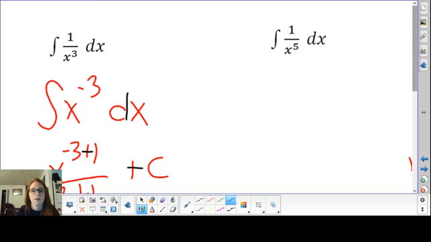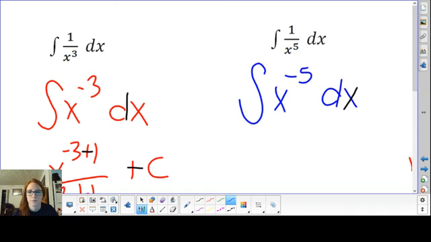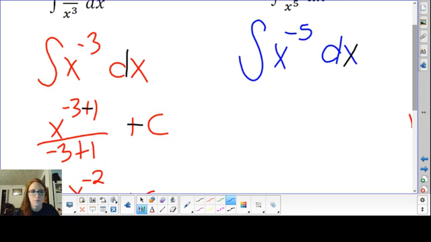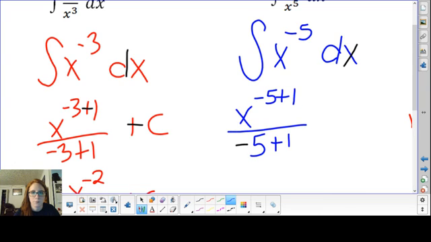Okay, so same idea. I can't take the integration because I don't have a single x to a single power. I have 1 over x to a power. So I need to make that x come up. So I have x to the negative 5th. So I get x to the negative 5th plus 1 over negative 5 plus 1, plus c.